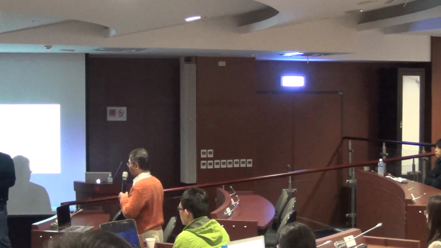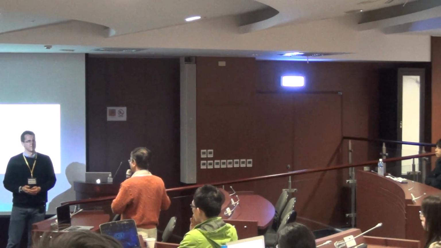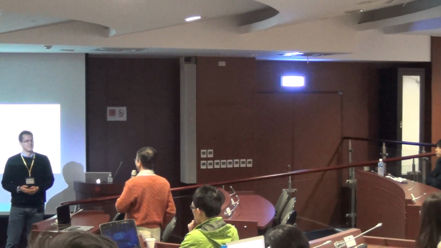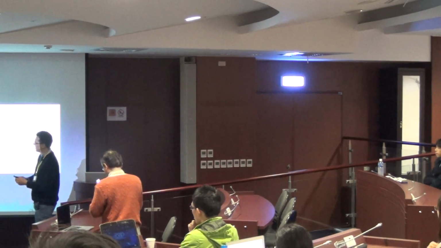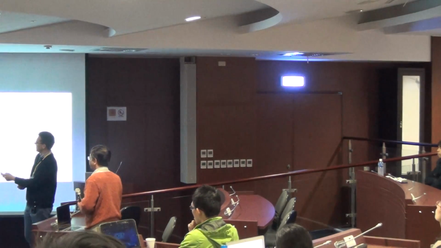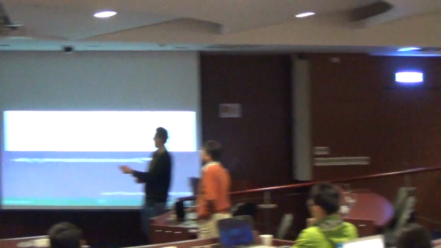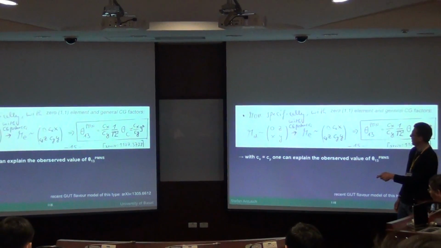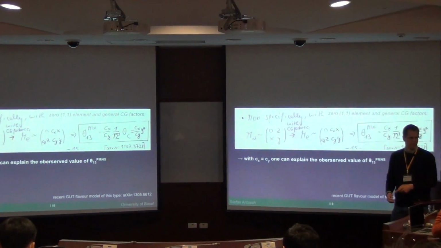I have a question. In your lecture, you didn't address much about inverted or normal hierarchies in model theories. Do you want to say something about that? Yeah, I was a bit brief on this. If you go back to the example that I showed, I made a small comment: you can look at the normal hierarchy model, which explains this with trimaximal mixing in the neutrino sector.